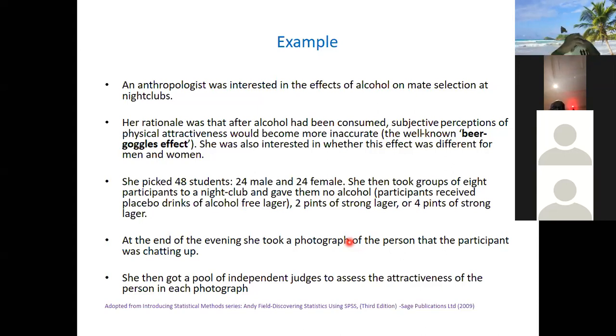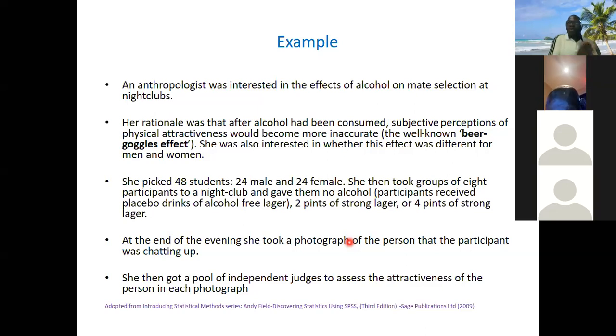People like to choose people that are very attractive. Now, they want to look at the effect of alcohol on how somebody chooses someone attractive. Maybe alcohol can dampen that person's sense of judgment.